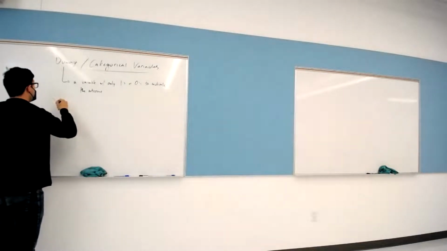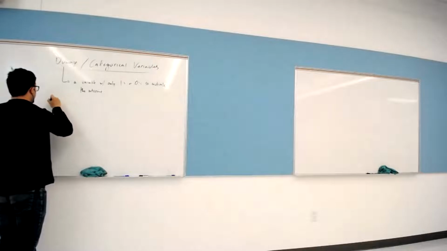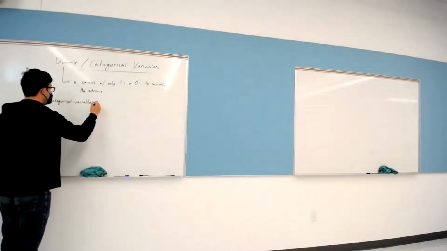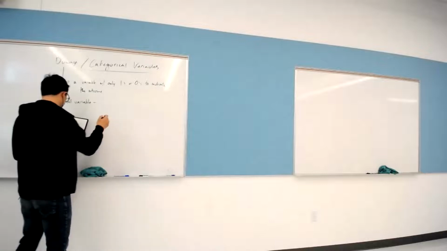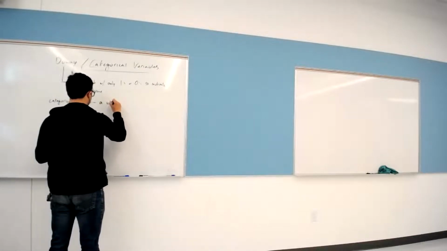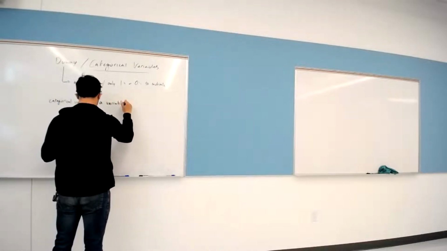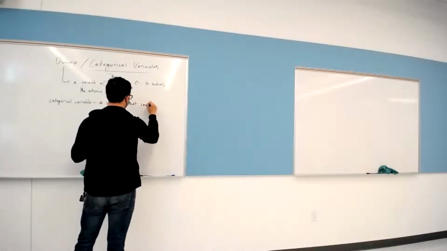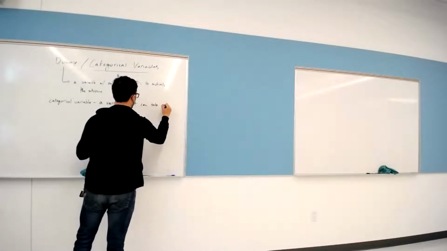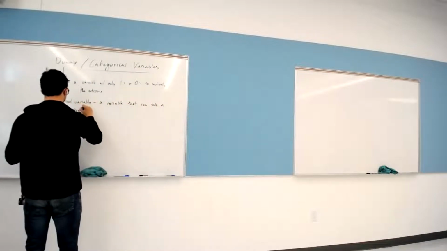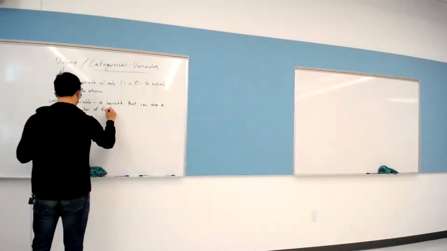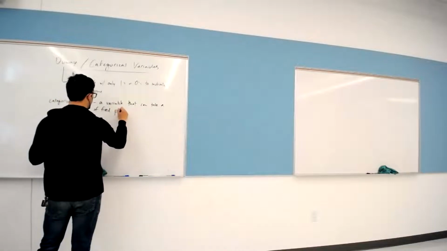So a categorical variable is essentially a generalized version of this. This is a variable that can take a number of fixed possible values.